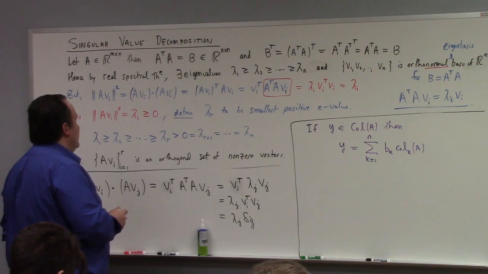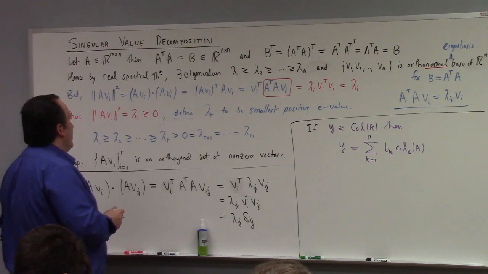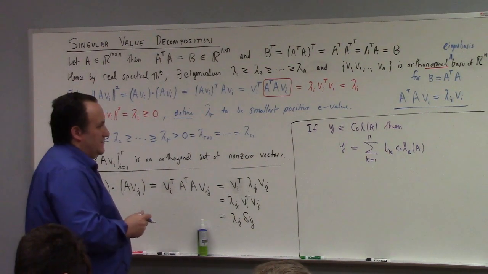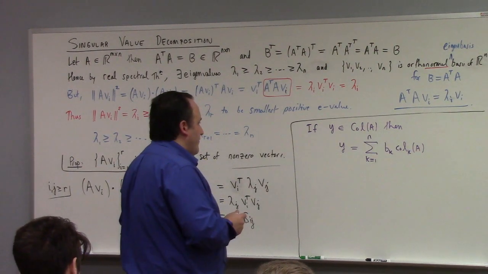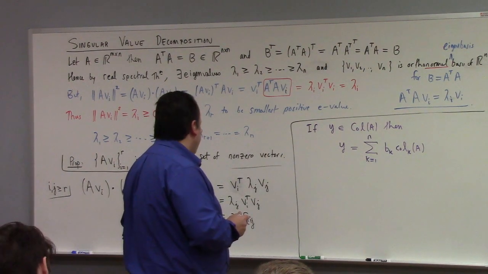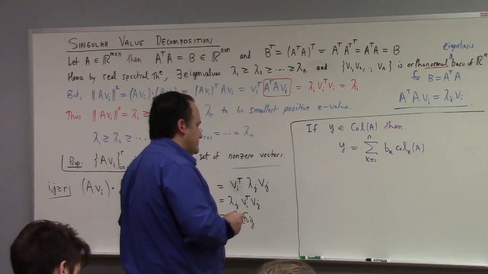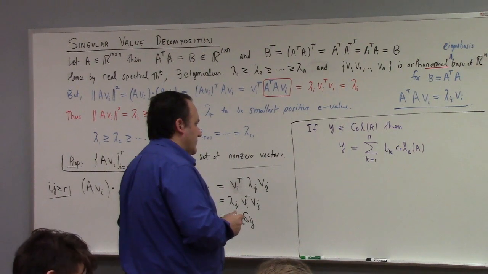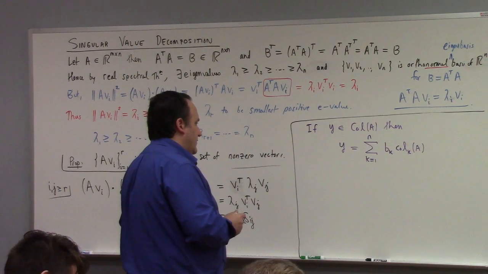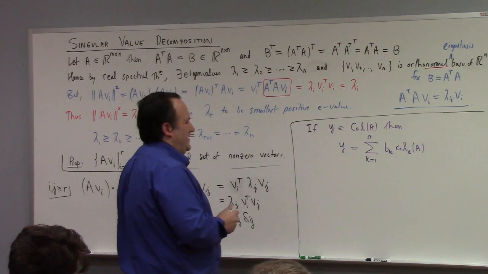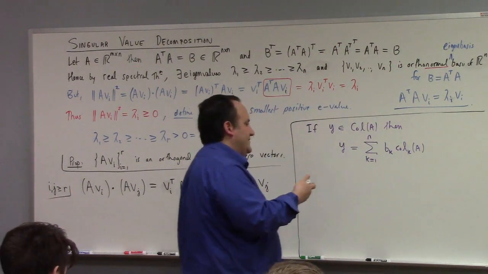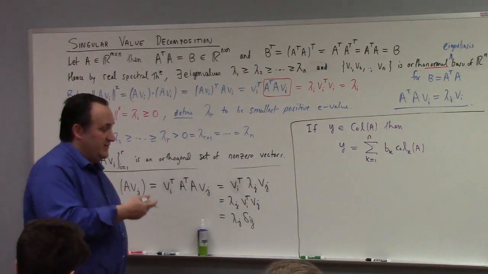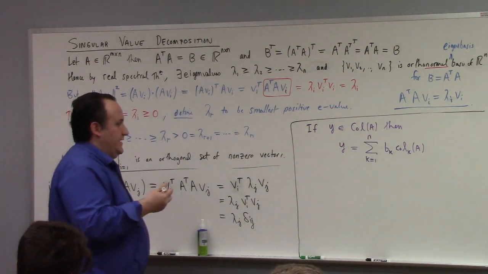But the thing is, each column in A is actually a what? Oh, all right, fine. So this is true because that's essentially the definition of column space. Column space is the span of the columns, right?